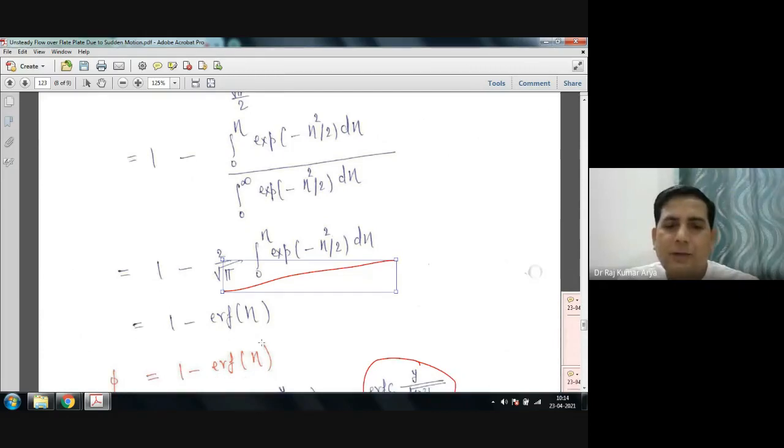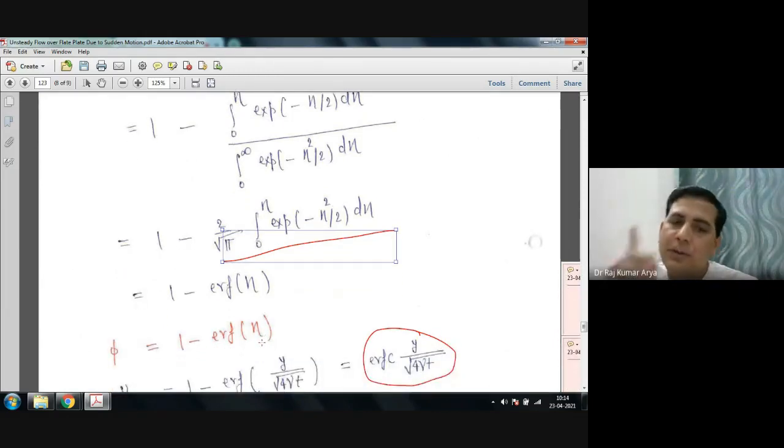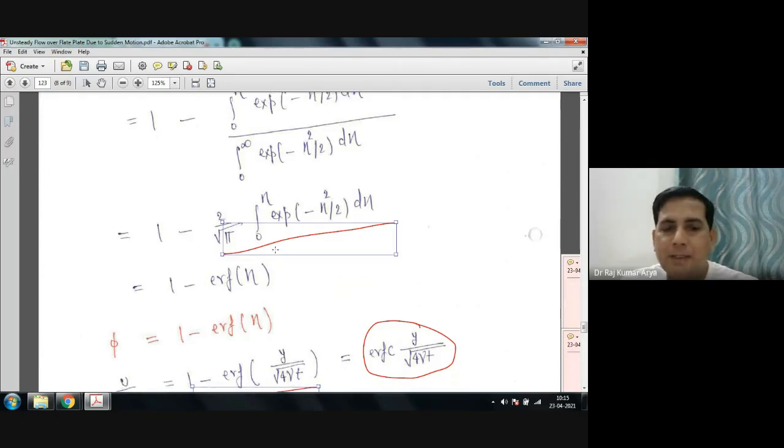Now I can tell you why that 4 was considered in the previous one. If you would not have considered that 4, you would not end up with this type of format, and you would get something else which is not a mathematically defined function. So to get the answer in a particular format, that 4 factor was considered, that your non-dimensional eta thickness was y upon under root of 4 nu t, just to get the expression in this particular format only.